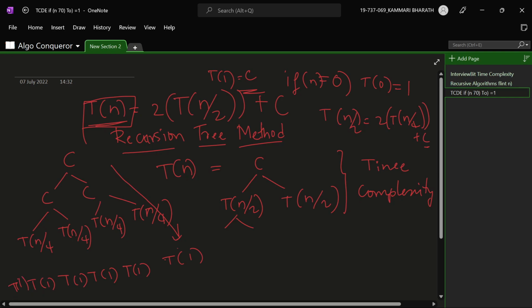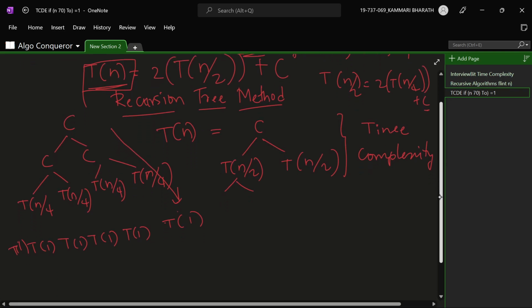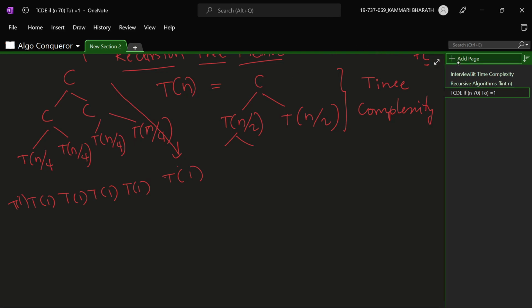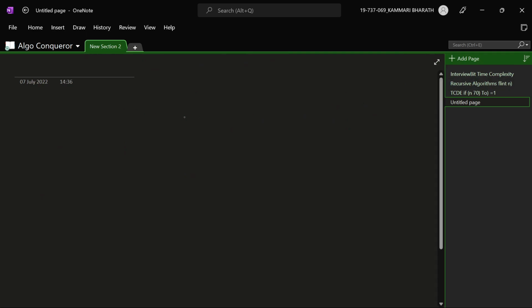Now let's draw this again. I have exhausted the page. Okay. C, C, C, C, C, C, and it goes on until T of 1.